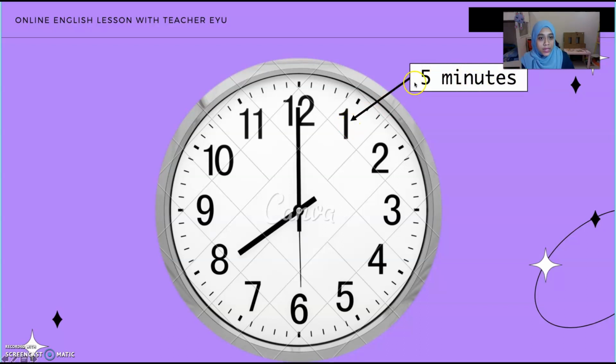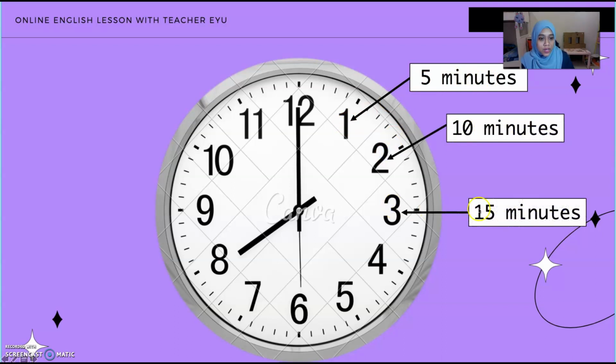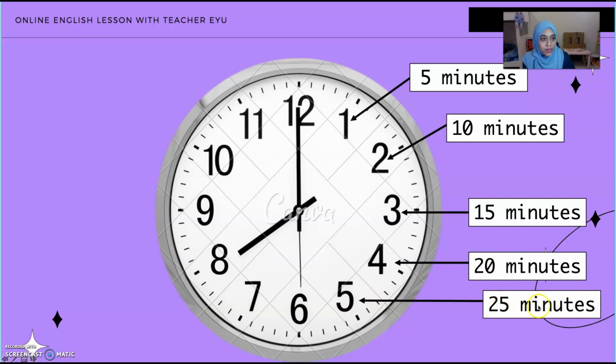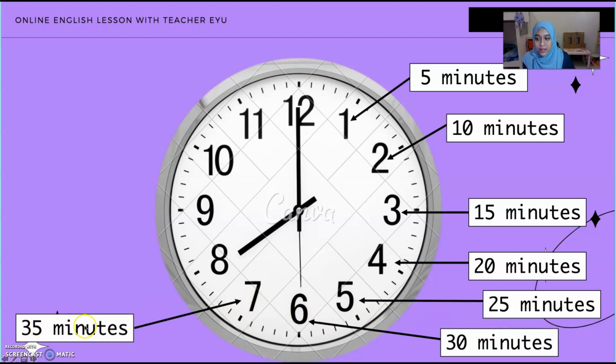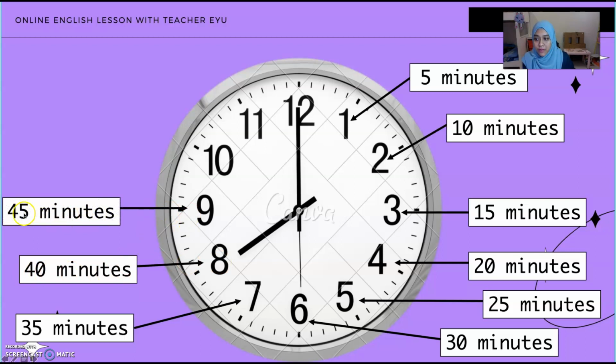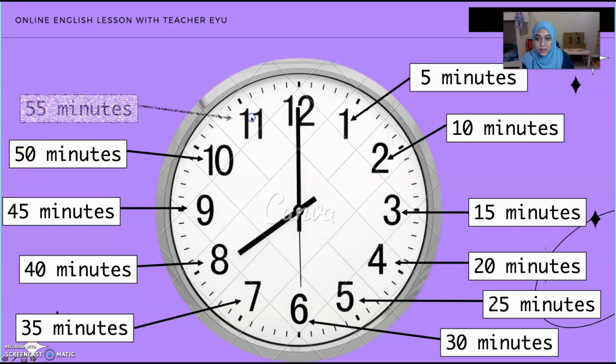For example, when the minute hand goes to 1, it is 5 minutes. Number 1 indicates 5 minutes. 2, 10 minutes. 3, 15 minutes. 4, 20 minutes. 5, 25 minutes. 6, 30 minutes. 7, 35 minutes. 8, 40 minutes. 9, 45 minutes. 10, 50 minutes. 11, 55 minutes.